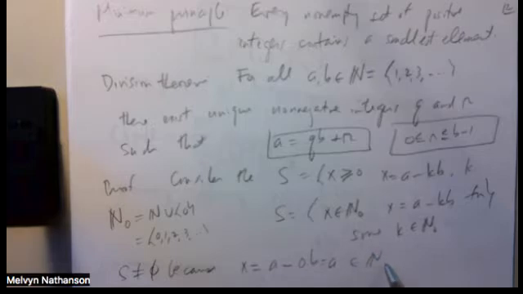So S is not empty, because if I choose k equal to 0, x equals a minus 0 times b, that's just a, that is a positive integer. So a is in this set.